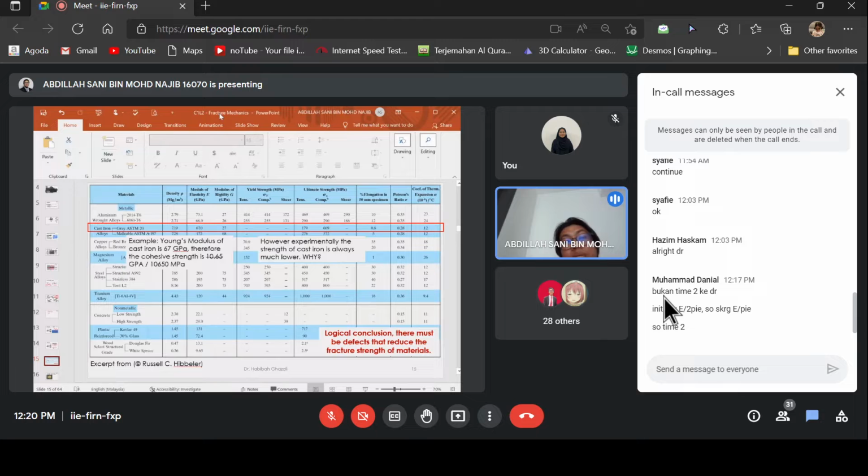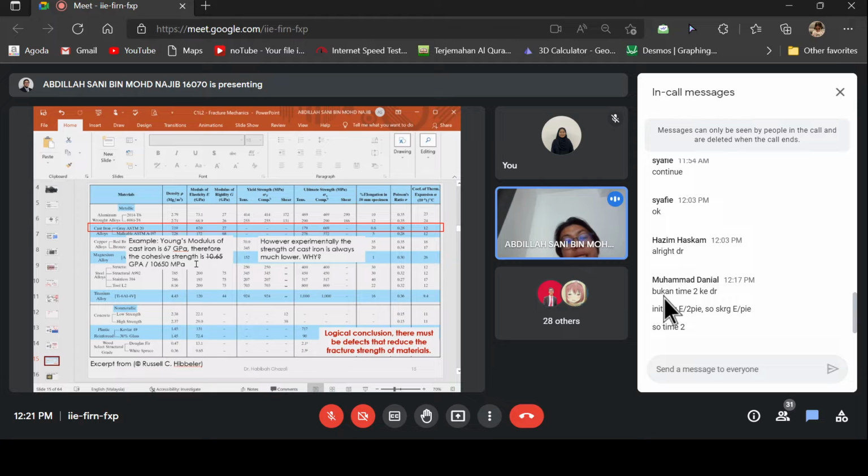There will be some inclusion from other materials. There will be pores. There will be vacancy. There will be defects, right? So this actually degrades what the theoretical strength is.